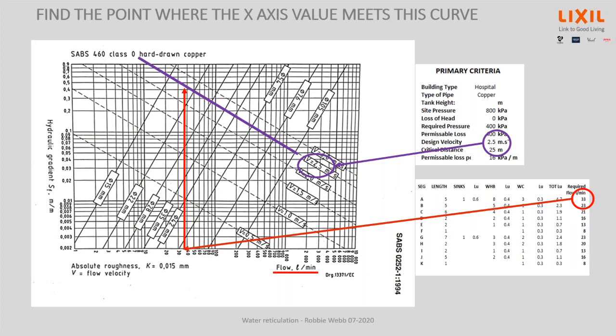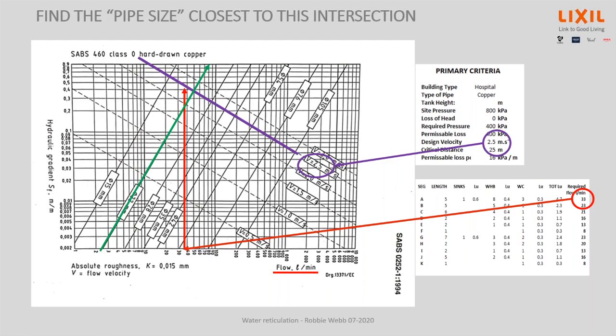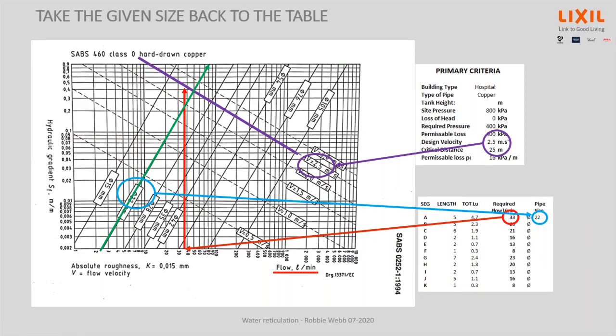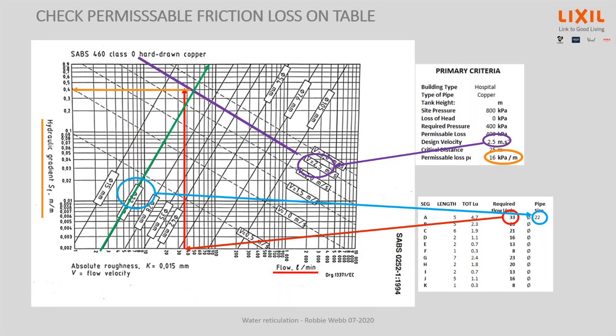Now we just want to make sure that we've accommodated the permissible friction loss. We're allowed to lose 16 kPa per meter. So now we go here on the y-axis, and you can see hydraulic gradient. So they're confusing you. I call it friction loss and I work in kPa per meter. They call it hydraulic gradient, and they talk in meters per meter, just to confuse us. So a meter per meter, how many kPa is 1 meter of head?